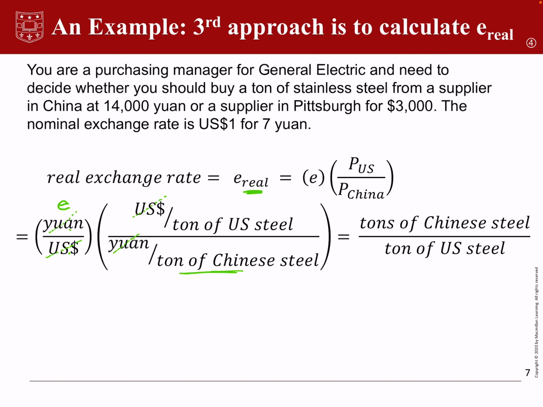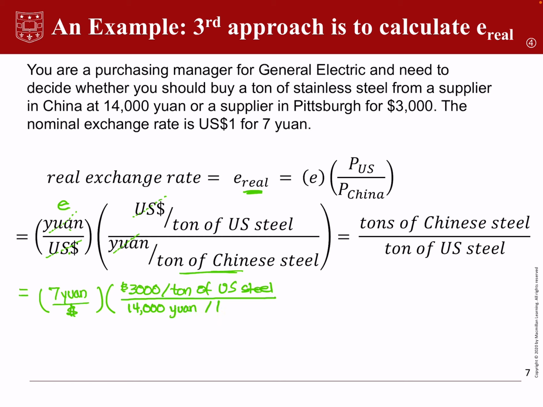So let's plug in some numbers here. What is the real exchange rate in this numerical problem? Well, again, this is 7 yuan per dollar. The price in the United States is $3,000 per ton of US steel. And in China, it's 14,000 yuan per ton of Chinese steel.